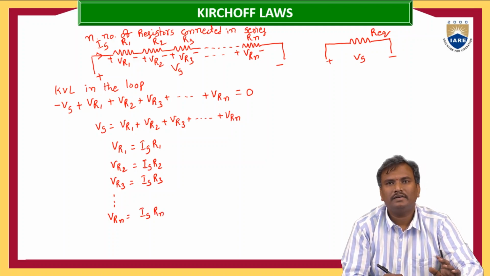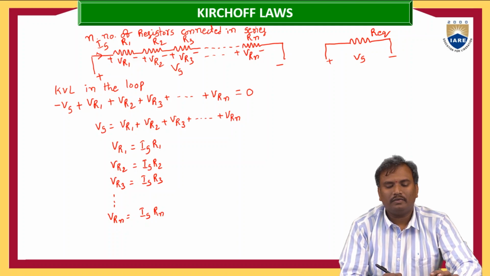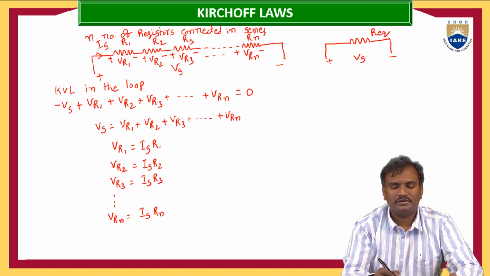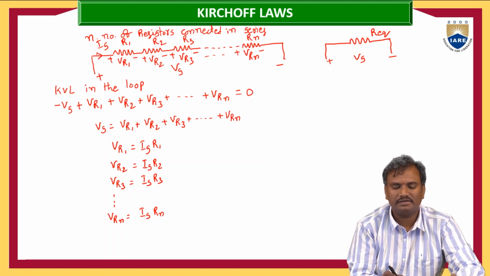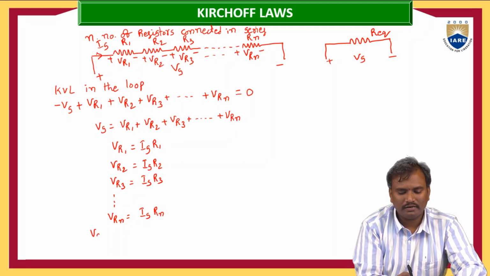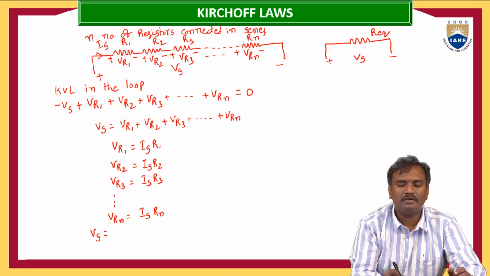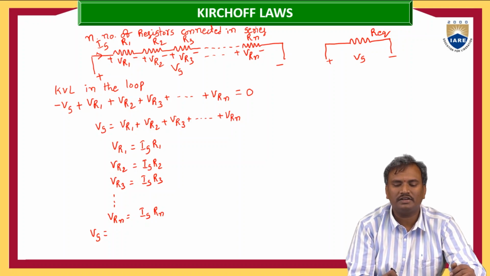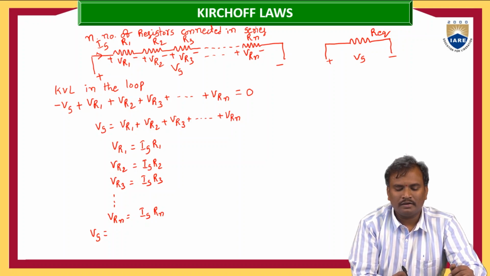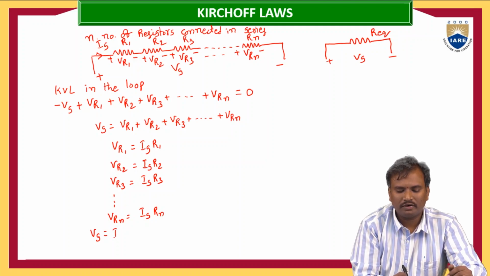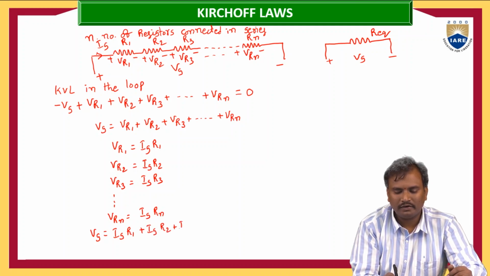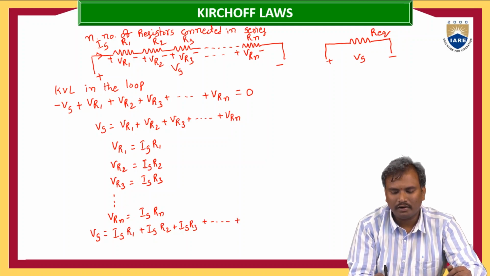These are the voltage equations across the resistors. Now if we substitute these values into the above equation, Vs is equal to Is into R1 plus Is into R2 plus Is into R3, and so on, Is into Rn.